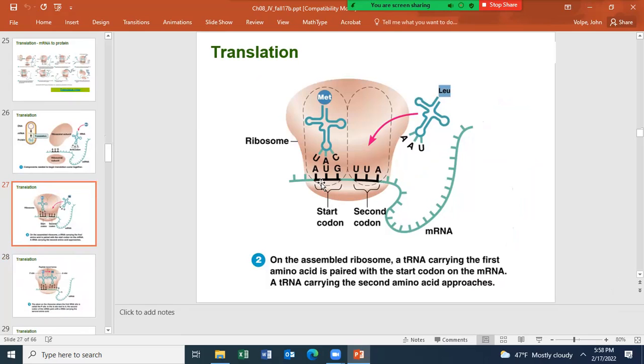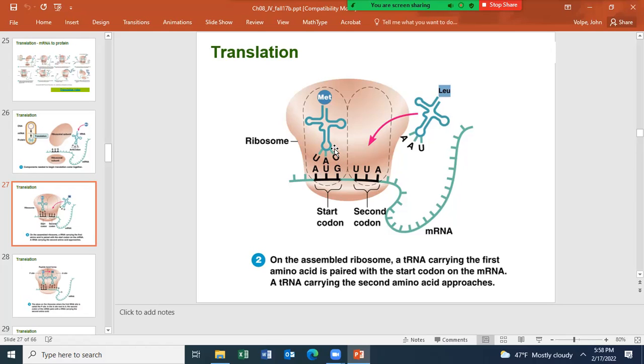The ribosome has 2 openings in it, and the first tRNA comes in the first opening and binds to AUG, meaning the first tRNA will have the anticodon UAC, which binds to the codon AUG.